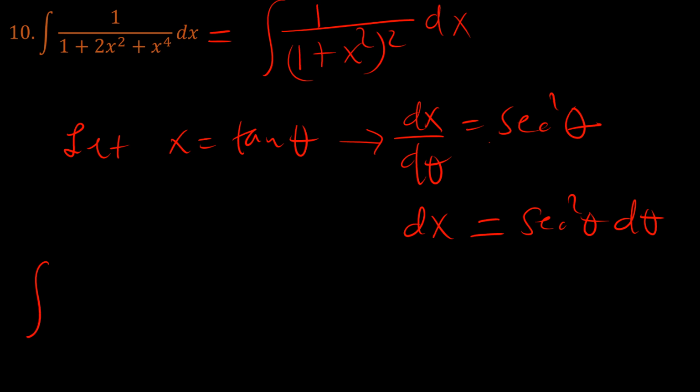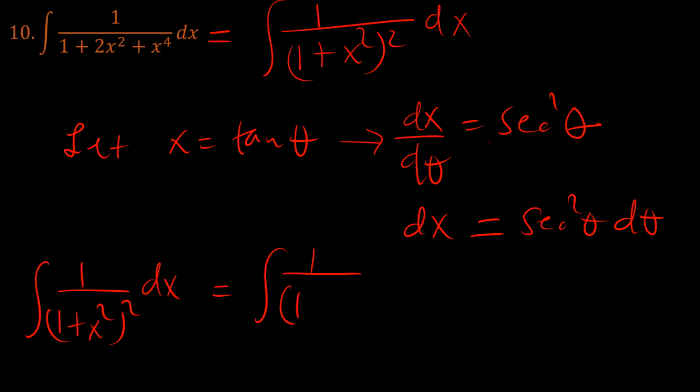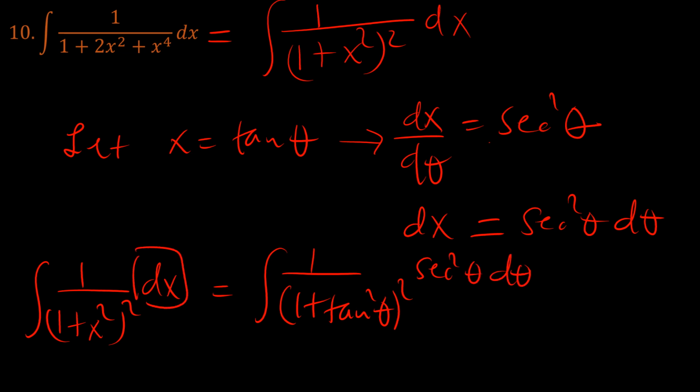So therefore 1 over 1 plus x squared dx is equal to 1 over 1 plus tan squared theta, sec squared theta d theta in place of this dx. So this part itself is sec squared theta, so we have 1 over sec squared theta.